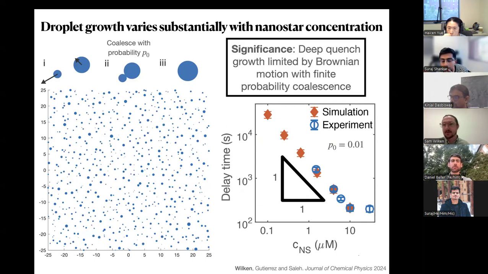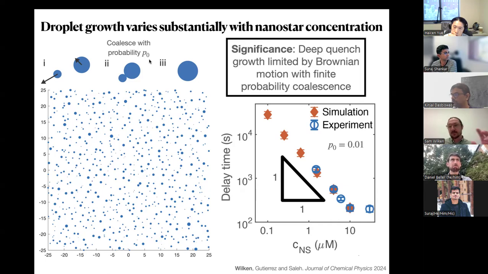Yeah, that's right. So I swept some of the details under the rug here, where I just say probability P naught. But because there is a distribution of droplet sizes, we have to be a little bit more careful about what we mean by an encounter. Essentially the longest time scale here is the time for the smaller droplet of a pairwise interaction to diffuse through the diameter of the larger droplet.